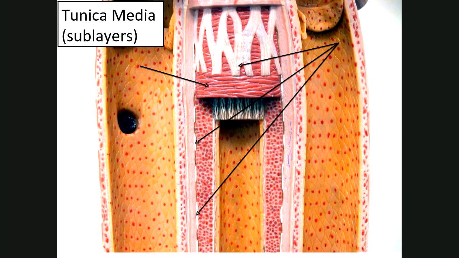So let's look at these sublayers of these vessels, or these tunics. Let's look at the tunica media first. So we mentioned them already, but what are these things? Well, not only are they here, but that's also what this is here, and what this is here, and what this is. That is this external elastic lamina.